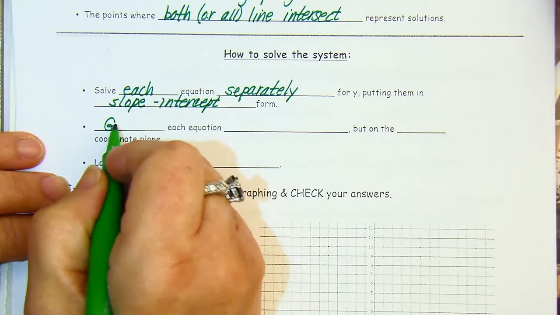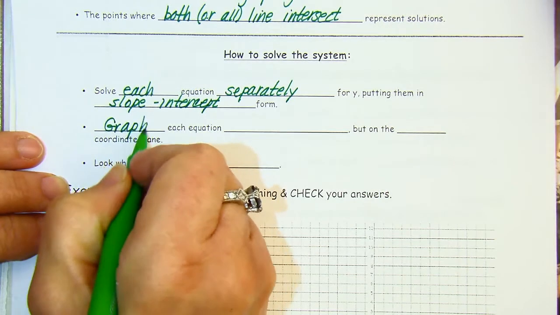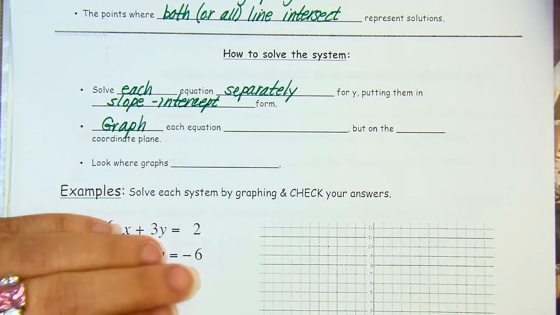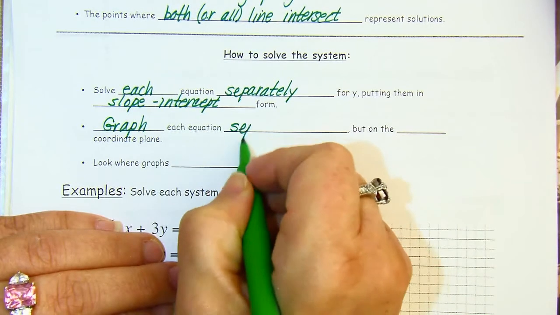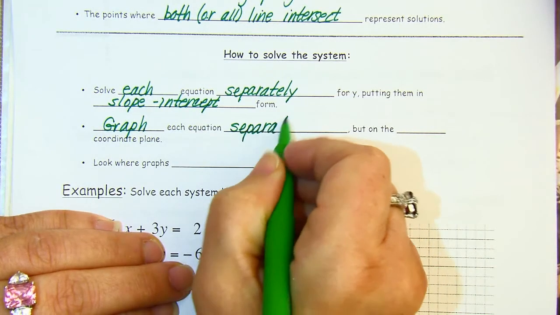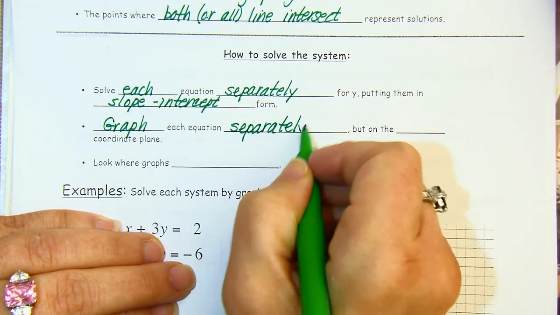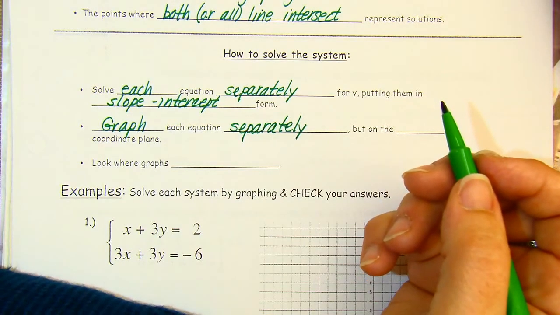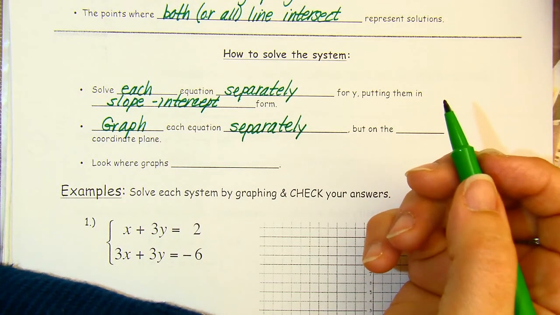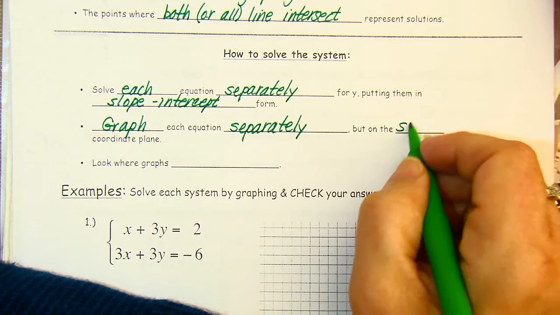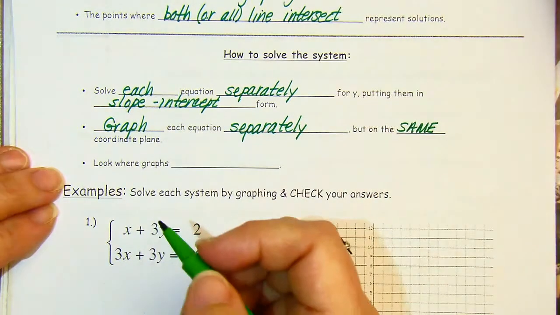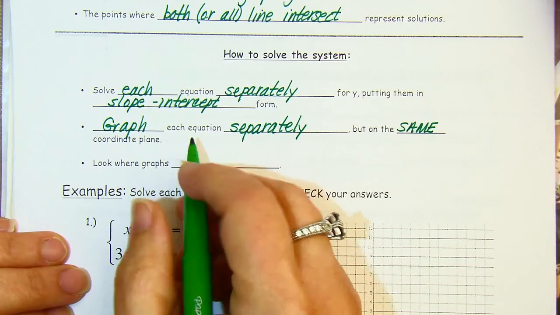Next step, once you have them in slope-intercept form, is to graph each equation separately, and you might want to use two different colors. That sometimes helps. Graph each equation separately, but on the same coordinate plane. And then we're going to look where the lines of the graphs intersect.